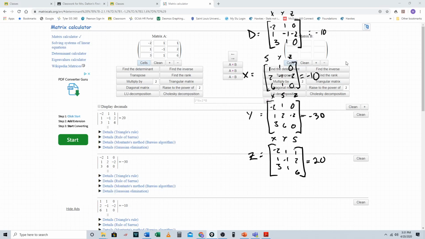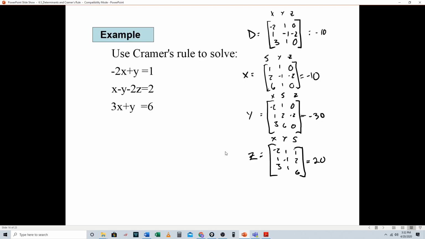Now, using Cramer's rule, x is equal to the determinant of x over the determinant of d. That is -10 over -10, which is 1.